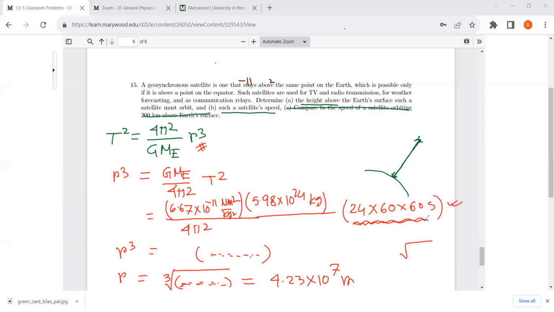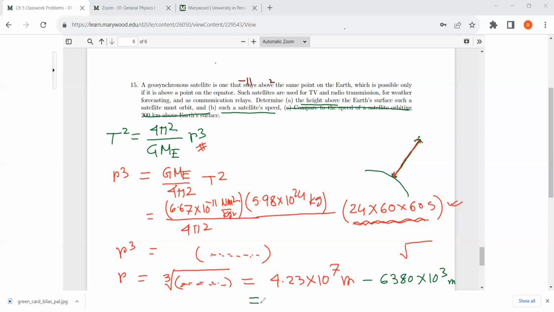This distance r is from the center of the Earth, but the question asks us to calculate the distance from the surface of Earth. So we have to subtract the radius of Earth. The radius of Earth is 6380 kilometer, right? Kilometer means 10 to the power 3 meter.